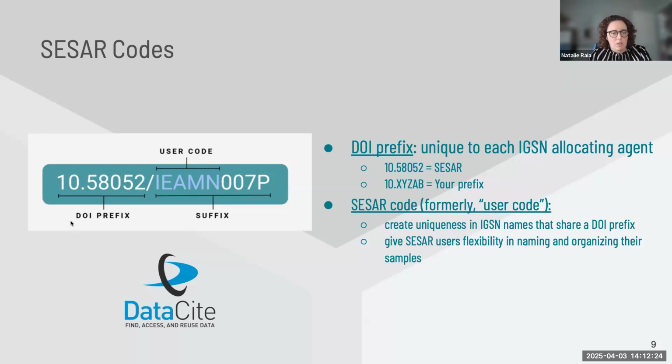And the CSAR codes give you flexibility in naming and organizing your samples. Some of you who will be transferring in existing CSAR codes to the new team structure will need some support on the back end. We will help you do those transfers, but you will also be able to create new CSAR codes under your teams.